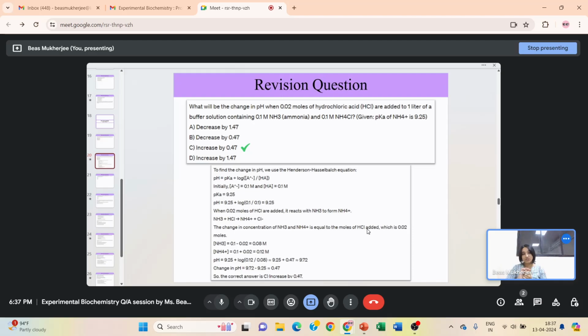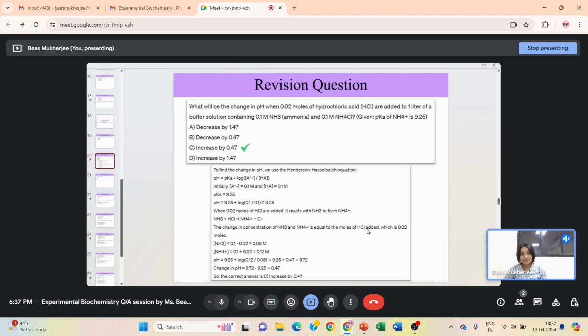So what is the pH? If you solve using the Henderson-Hasselbalch equation, your pKa you had calculated, that is 9.25, plus log of, here who is the conjugate acid, tell me, NH4+, this is the conjugate acid, right?